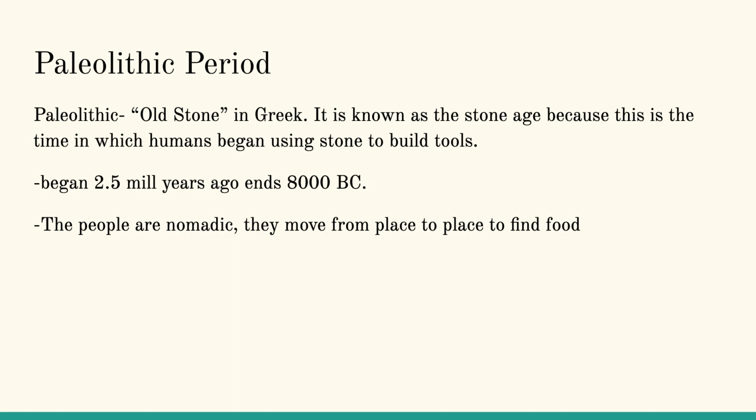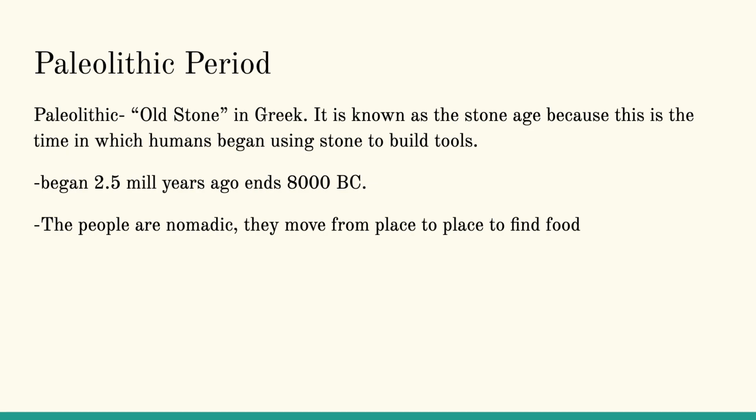And during this time, we're going to begin to use stone to create tools and stone to hunt animals and basically any kind of advantage that we can get from it. This is when this occurs. This begins 2.5 million years ago and ends in 8000 BC. The date of when the Paleolithic period begins is debatable.